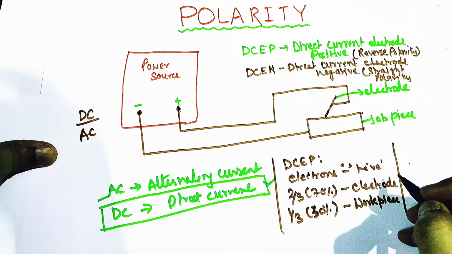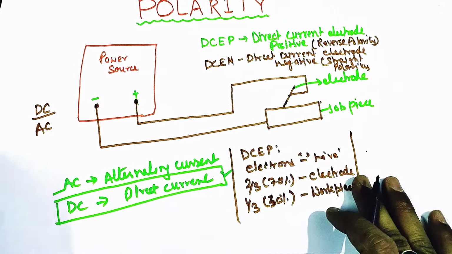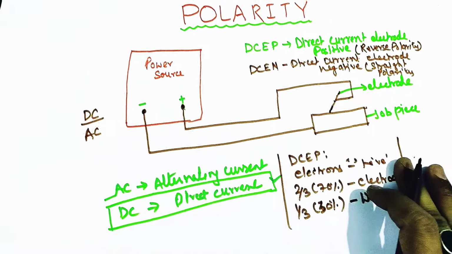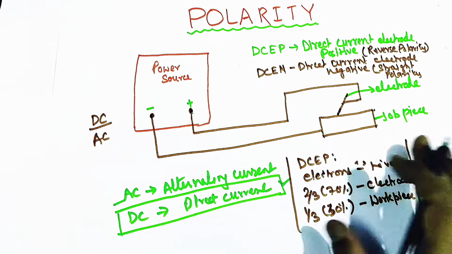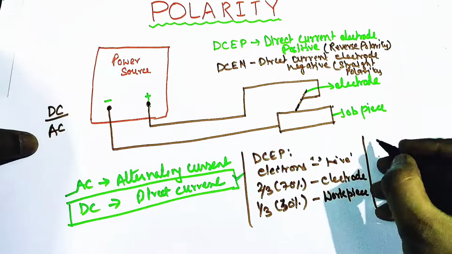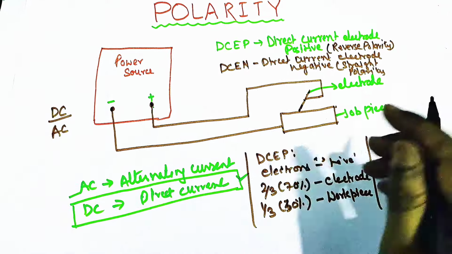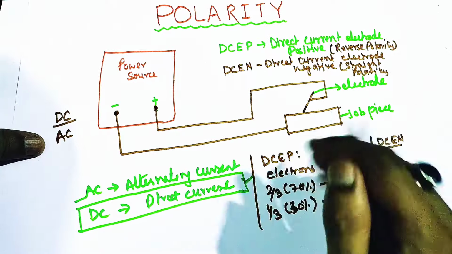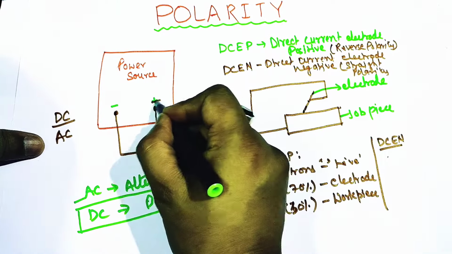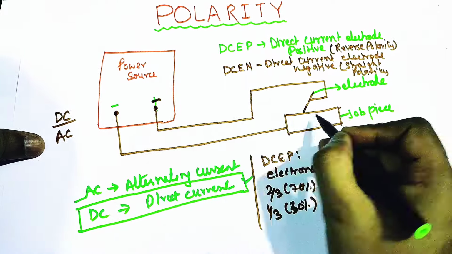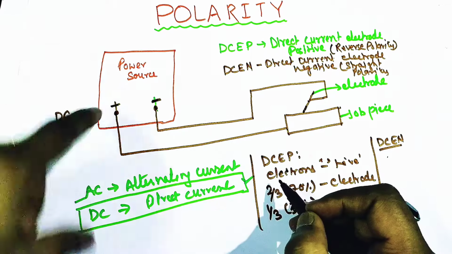So this is our DCEP. Now in DCEN what happens? If we consider DCEN, then the scenario will change. Electrode will be connected with the negative terminal and the workpiece will be connected with the positive terminal.